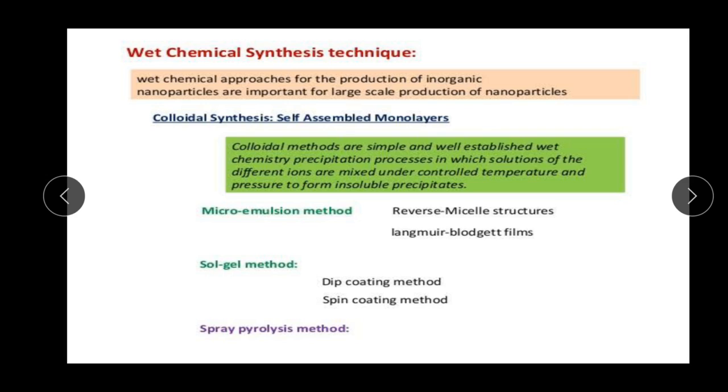Finally, we discussed bottom up and top down approaches to fabricate nanoparticles, and one method, the mechanical milling process. Today we shall discuss the chemical synthesis techniques for nano powders or nanomaterials.